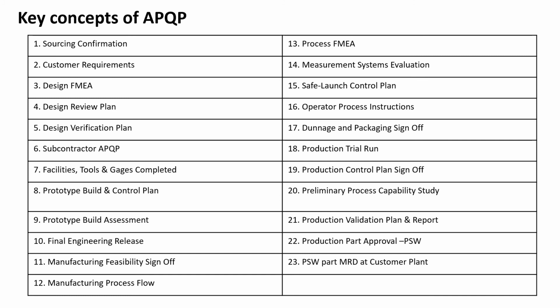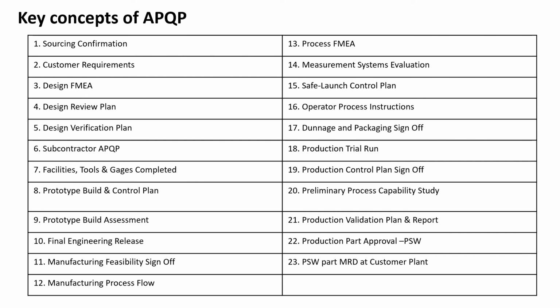Second, customer requirements, DFMEA, that is design FMEA, design review plan, design verification plan, subcontractor APQP or the supplier APQP, facilities, tools and gauges completed, prototype build and control plan, prototype build assessment, final engineering release, manufacturing feasibility sign-off, manufacturing process flow, process FMEA, measurement system evaluation, safe launch control plan, operator process instructions, and packaging sign-off, production trial run, production control plan sign off, preliminary process capability studies.